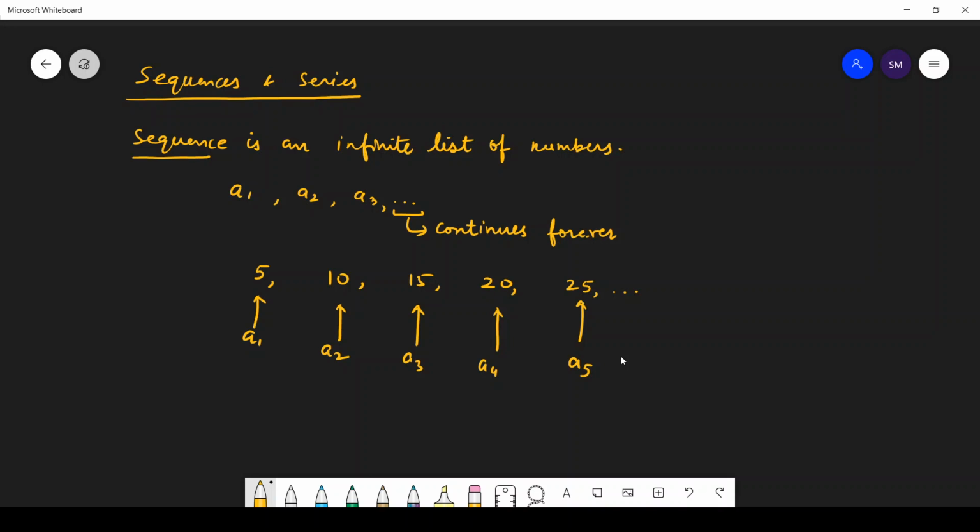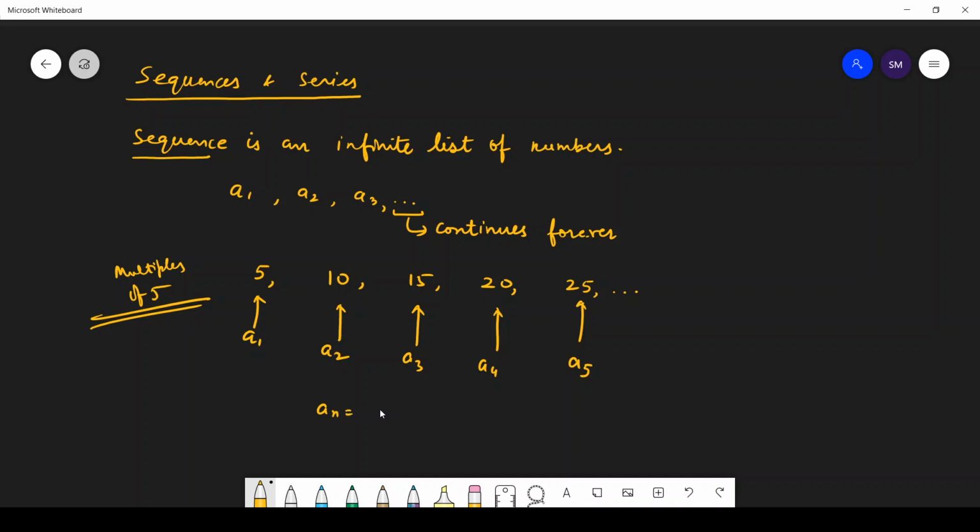Now we can see a pattern in the sequence displayed. Can we write a formula? Can we see a pattern? You can all see that these are multiples of 5, isn't it? We can recognize this pattern quite easily. So students, how can we write an?